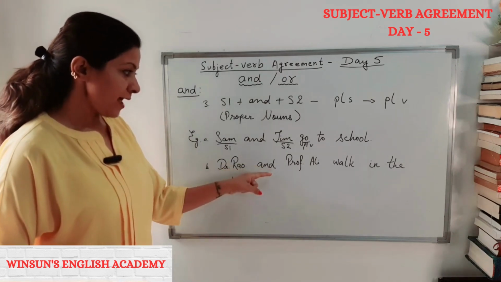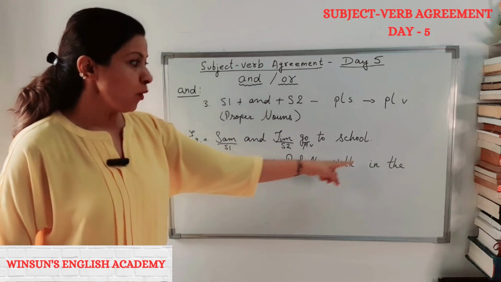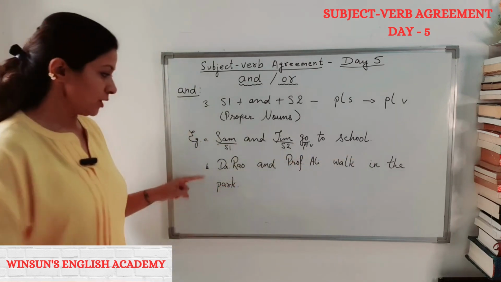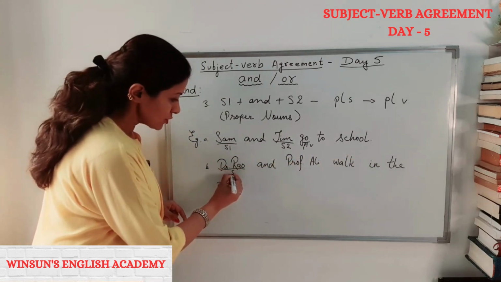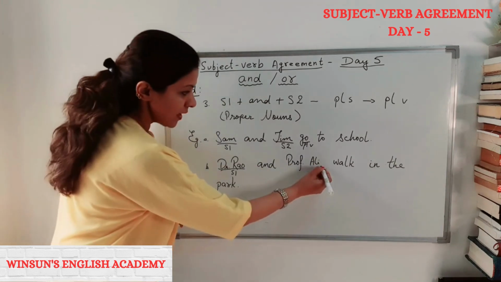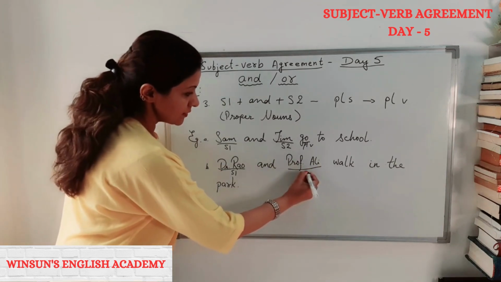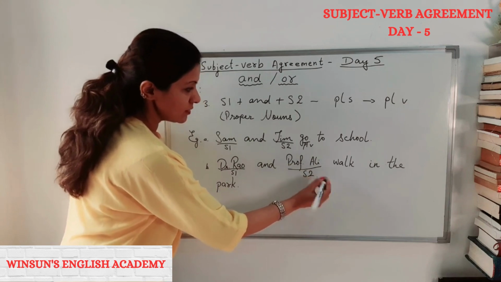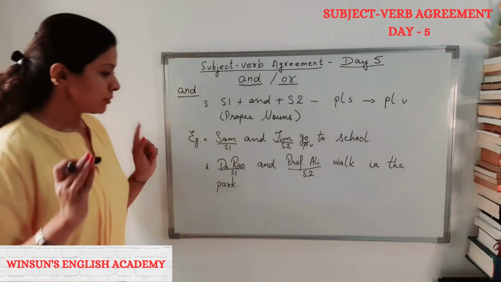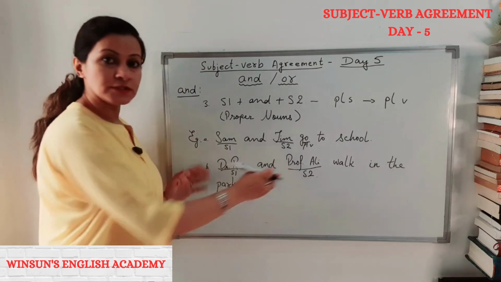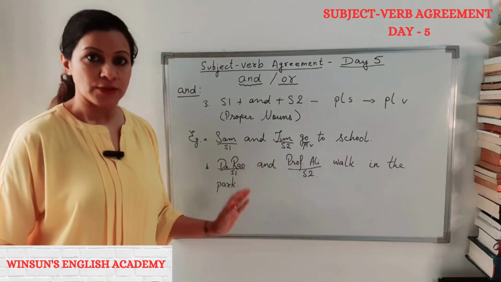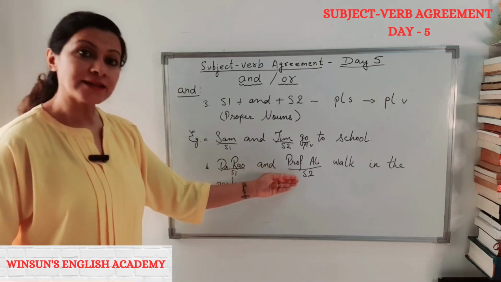Okay? Let's look at the second example here. Dr. Rao and Professor Ali walk in the park. Now Dr. Rao is our subject 1. We have and we have Professor Ali. Now walk in the park. Remember, doctor and professor, these refer to their professions, right? So these are the titles.